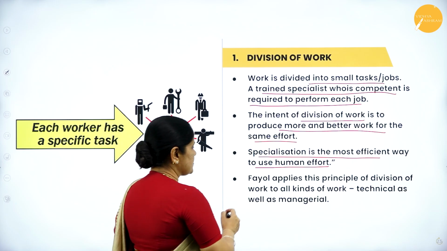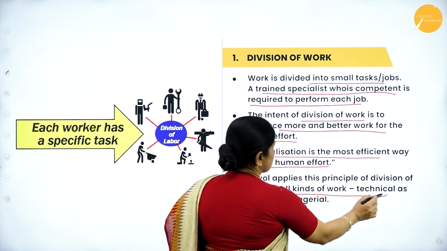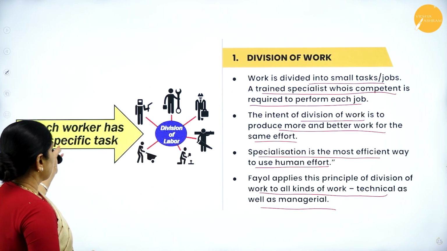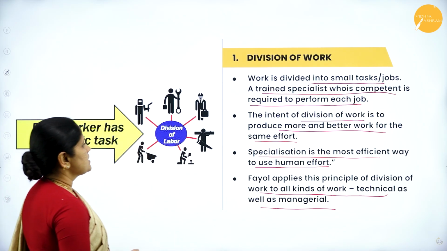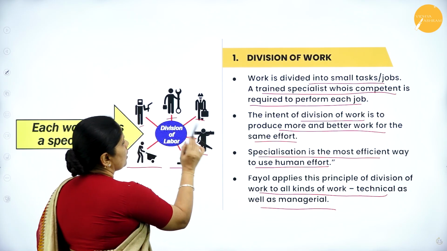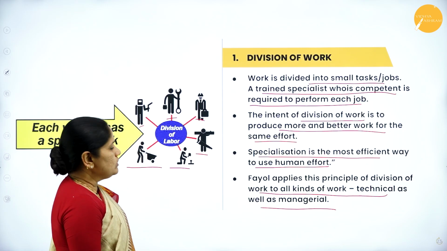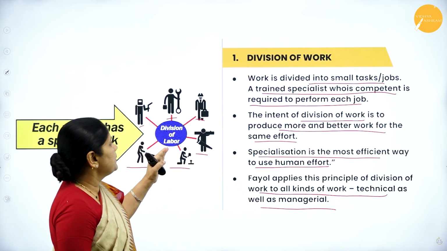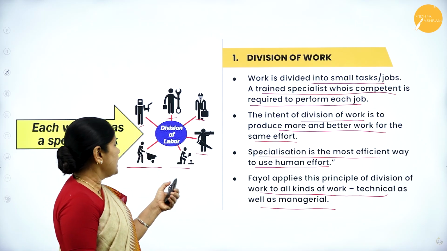He applies this principle to all kinds of work, technical as well as managerial. We can see each worker has a specific task. Only those jobs they are specialized in should be given to such workers. When we give them the same job, they become more and more specialized in that job.